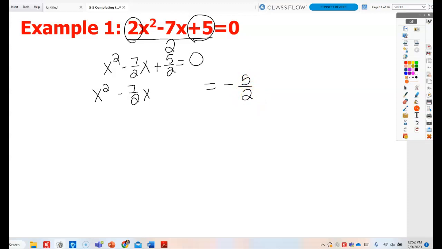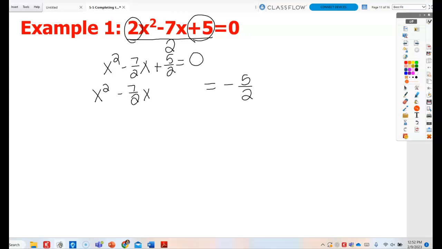So to complete the square, you're going to take that 7 over 2 and divide it by 2. When you take 7 over 2 divided by 2, it's kind of like multiplying the denominator by 2. So we end up getting 7 over 4. And then what you have to do is square that number and add it to both sides.